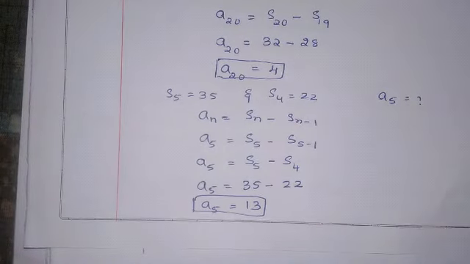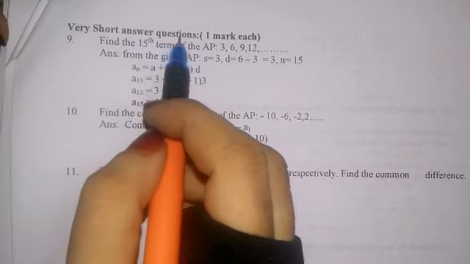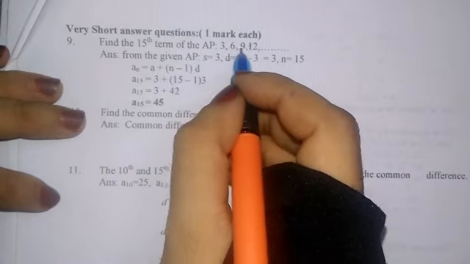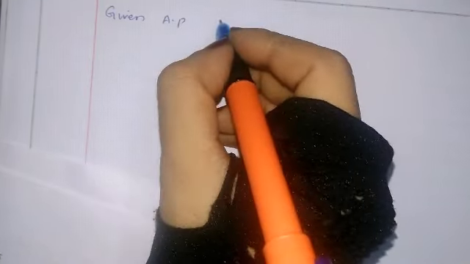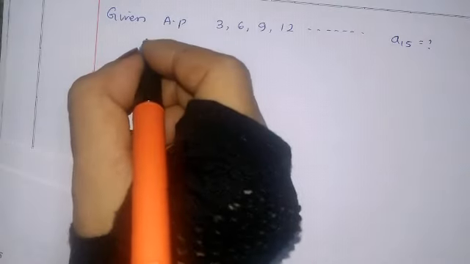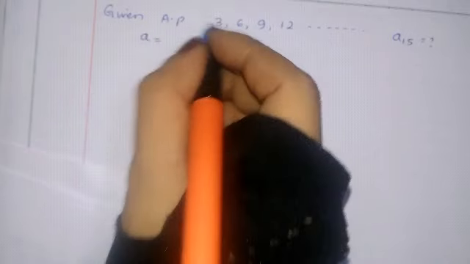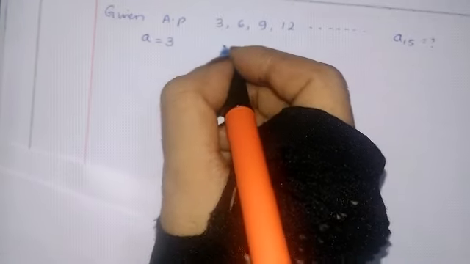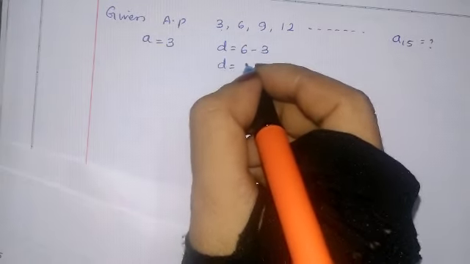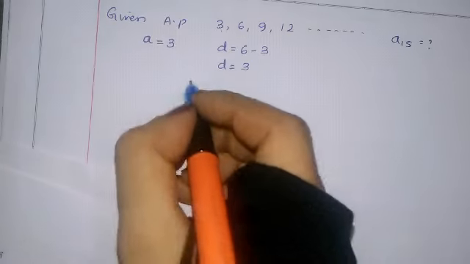Next question. Now these are very short answer questions, 1 mark each. Find the 15th term of the AP 3, 6, 9, 12. The given AP is 3, 6, 9, 12. They have told us to find the 15th term.